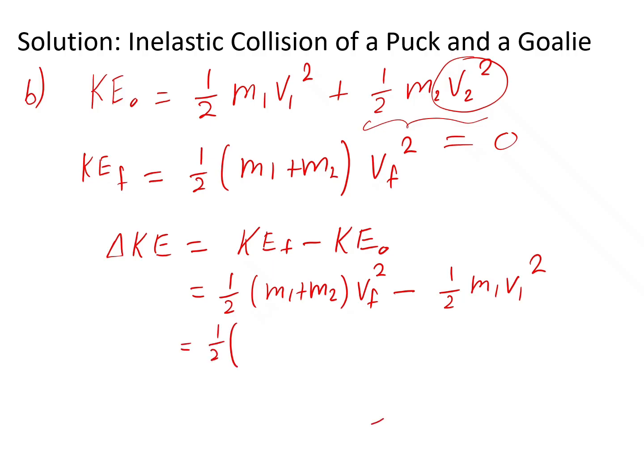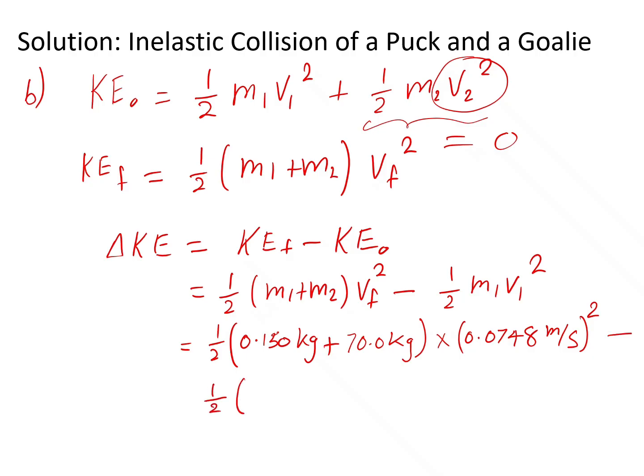So half times m1, 0.15 kilograms, plus m2, 70 kilograms, times v final, 0.0748 meters per second, squared, minus half times m1, 0.15 kilograms, times v1, which is 35 meters per second, squared.